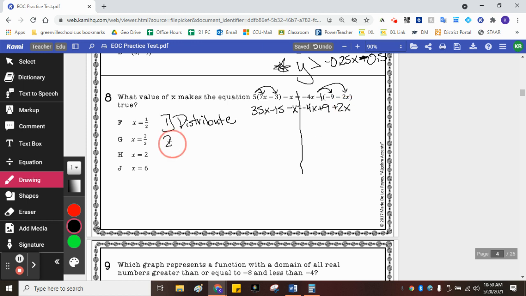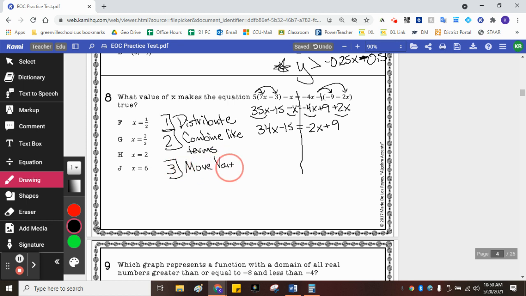So distribute, combine like terms. So 35x and negative x is 34x minus 15. Negative 4x plus 2x is negative 2x plus 9. Move your variable to one side. Add over your 2x.